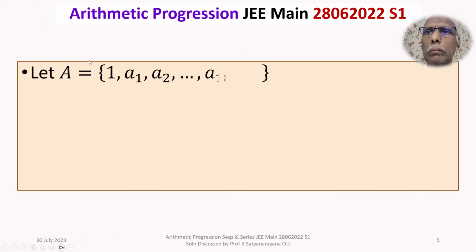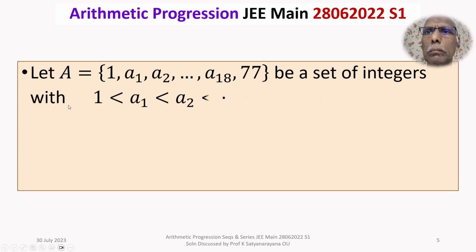The given question is: let A be a set consisting of 1, a1, a2, etc., a18 and 77, a set of integers with 1 less than a1 less than a2 less than etc., a18 less than 77.